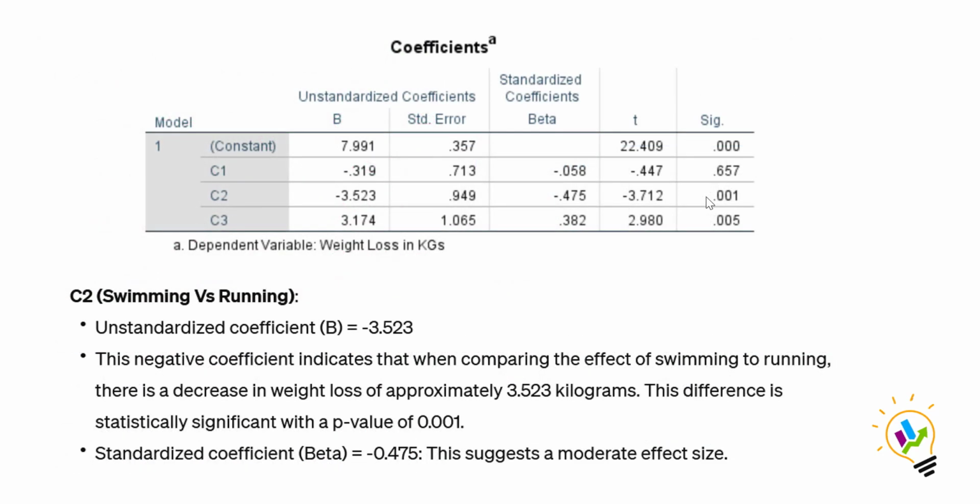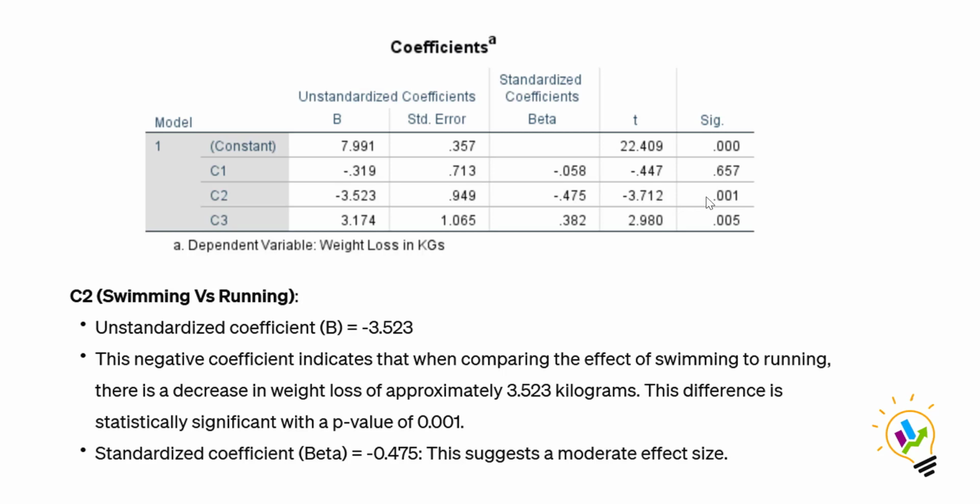Let us see C2. C2 is a contrast between swimming and running only. This negative coefficient indicates that when comparing the effect of swimming to running, there is a decrease in weight loss of approximately 3.523 kilograms. This difference is statistically significant with a p-value of 0.001.